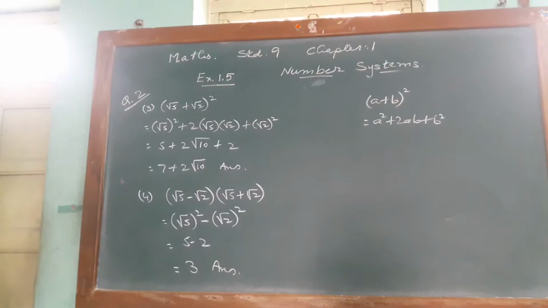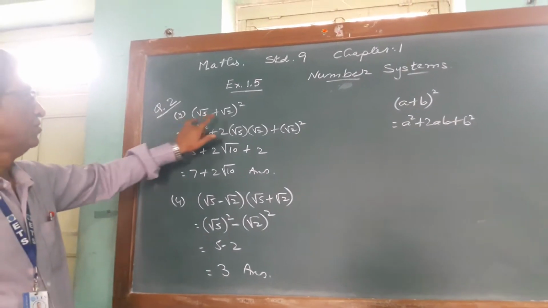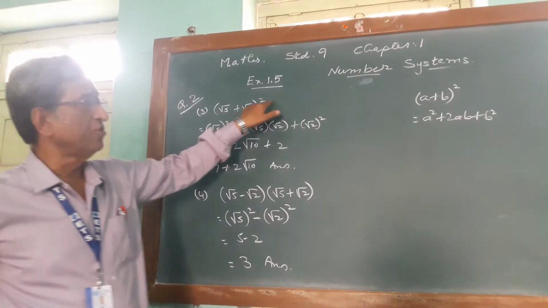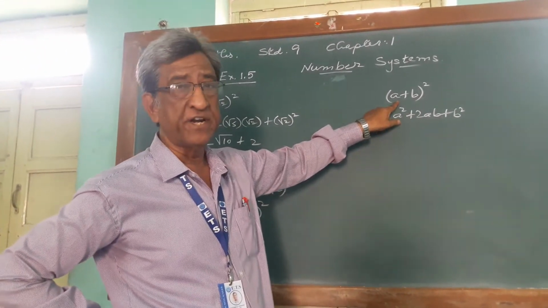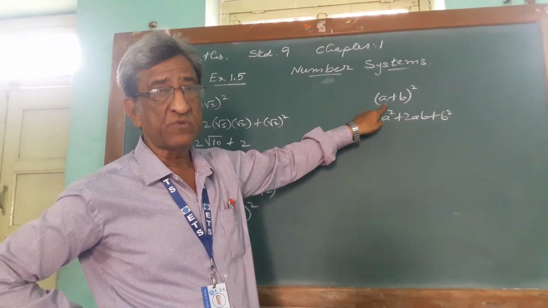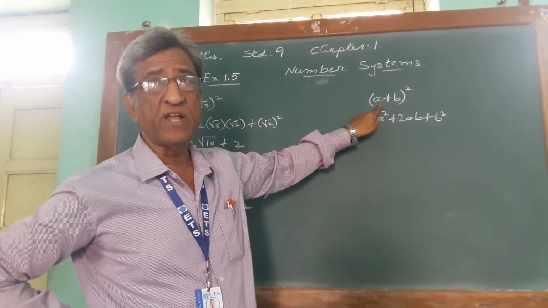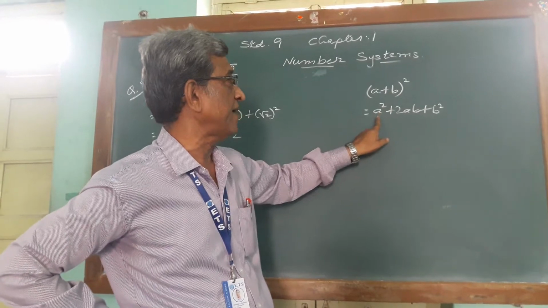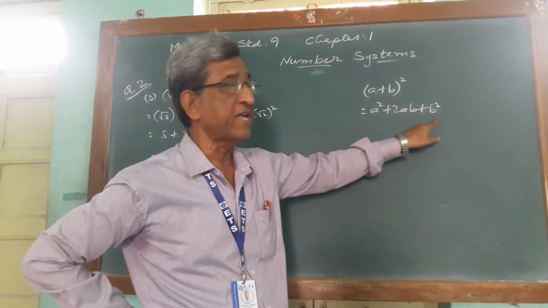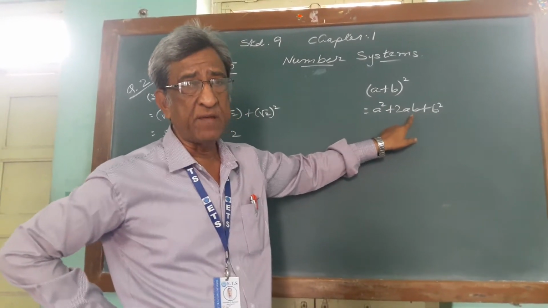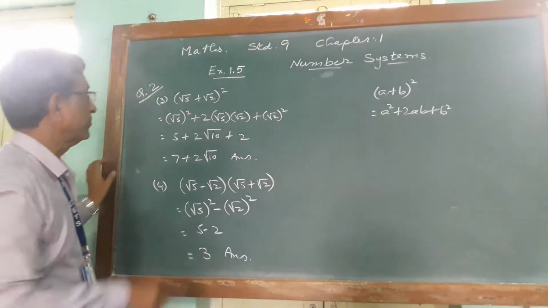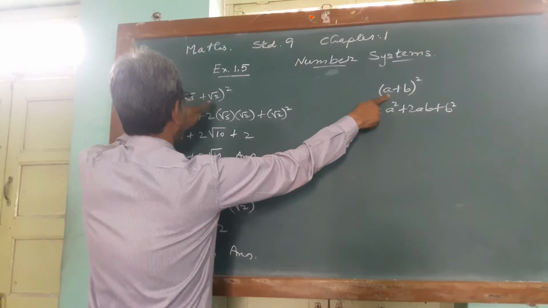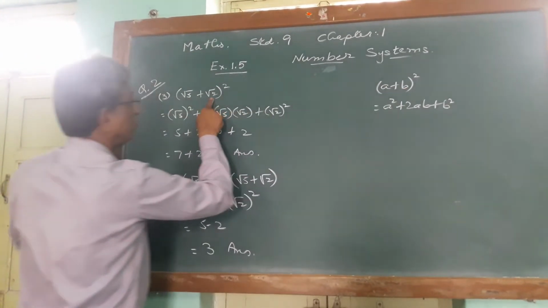Answer. Now the third question. Root 5 plus root 2 whole square. For that you have to use this formula which you have studied earlier: A plus B whole square is equal to A square plus 2AB plus B square. Apply this formula here. Instead of A you have root 5, instead of B you have root 2.